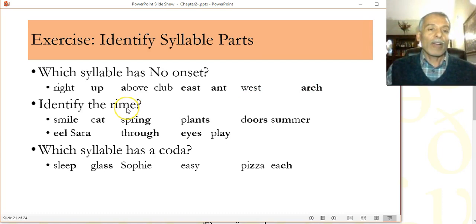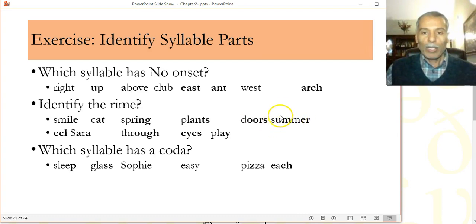Now identify the rhyme. It means the second part of the syllable, which is the nucleus and what comes after the nucleus, the coda. So "isle," that is your rhyme. "At," rhyme. "Spring," rhyme. "Summer": these are two syllables.